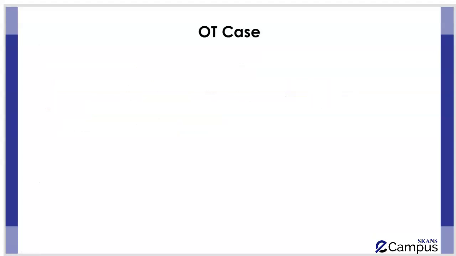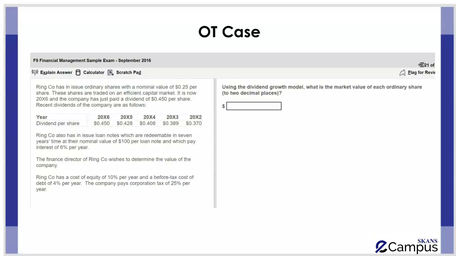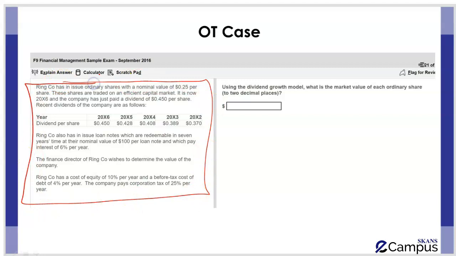Similarly, let's now discuss the OT case technique. Whenever an OT case appears in the question, you will see that your screen is split into two halves. The first half will represent the background information, which will be the same for 5 objective tests, and on the right side of the screen you will find the requirement of one of the 5 objective tests. If this is the first objective test, after reading the first requirement, you should know the topic of the OT case.